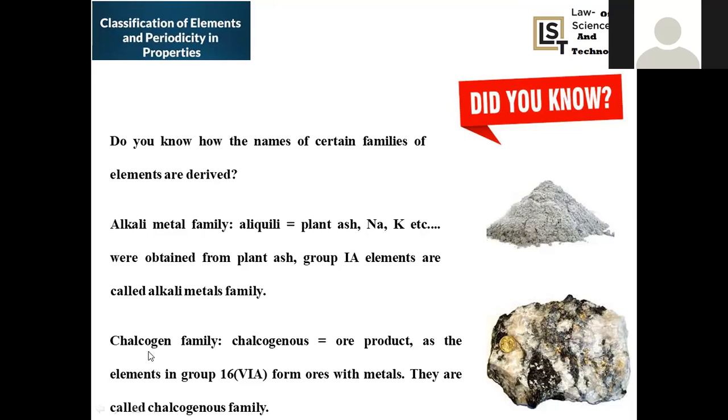And the next is the chalcogen family. Oxygen's family is alternatively known as the chalcogen family. Chalcogen is nothing but ore producing. An ore is the product generated by the combination of a metal with other materials, right? These ores will be extracted and processed in such a manner that they eventually give rise to the pure metal product, right?